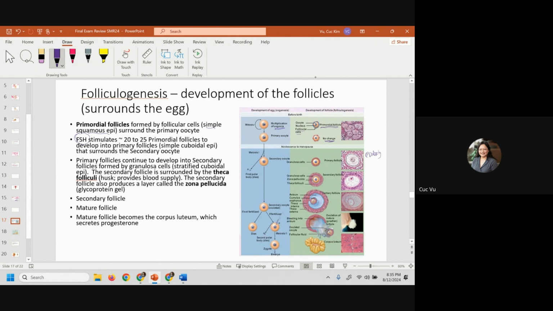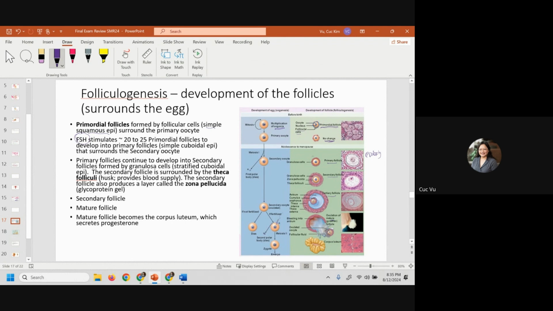So you can see the primordial follicle becomes the primary follicle. From the primary follicle, it becomes the secondary, the tertiary, and then the mature. Take a look at the cartoon images of the follicle. All that pink is the follicle.